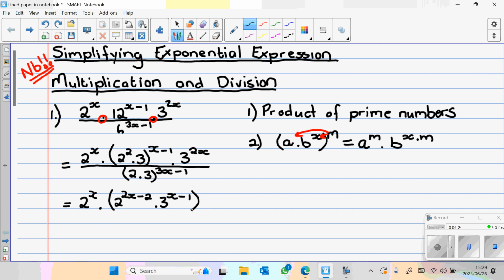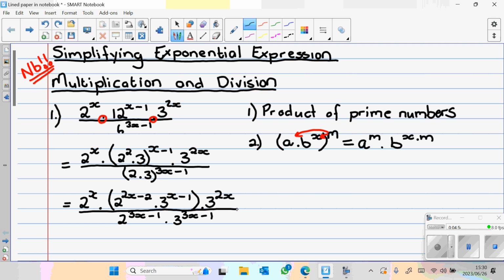But the first one is multiplied with 2 because I have 2 to the power of 2. At the bottom, I have 2 to the power 3x minus 1, and then 3 to the power of 3x minus 1. And now it means I have to put the ground numbers that are the same together.